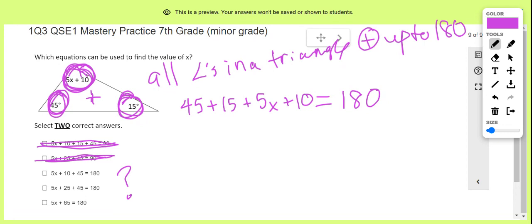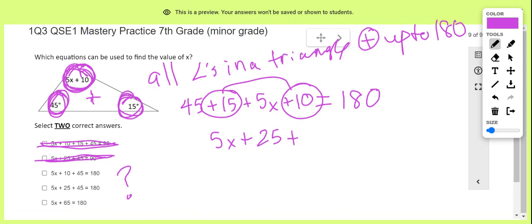Okay, so looks like we have 15 plus 10, so that's going to be 5x plus 25 plus 45. All of that equals 180.